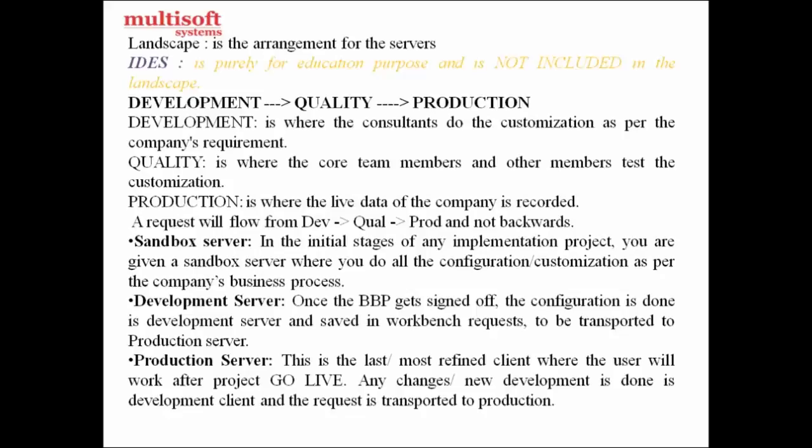And in quality we do all types of testing, say UAT, user acceptance testing. The end user, the super user, will try to make some transactions to check that everything is okay, and they will give the green signal.